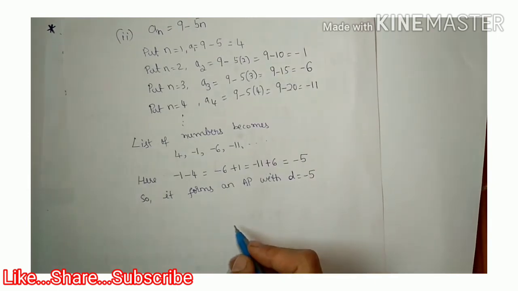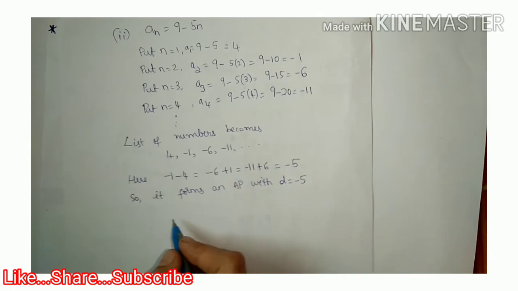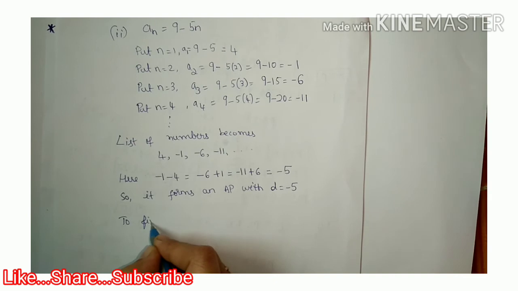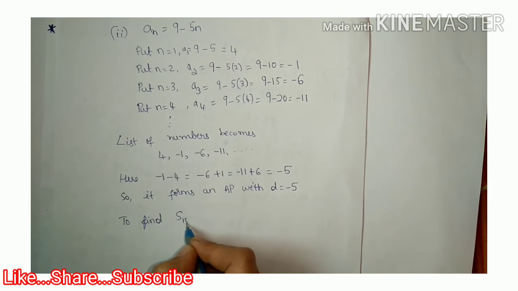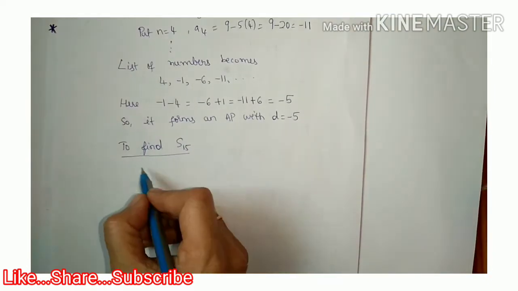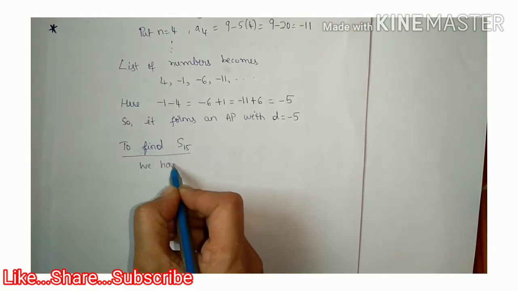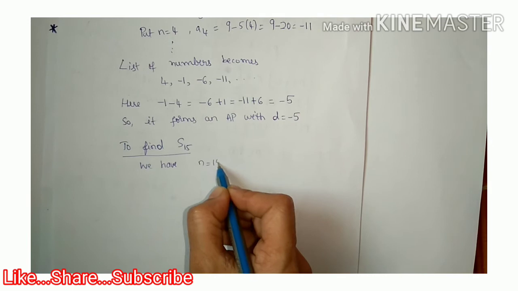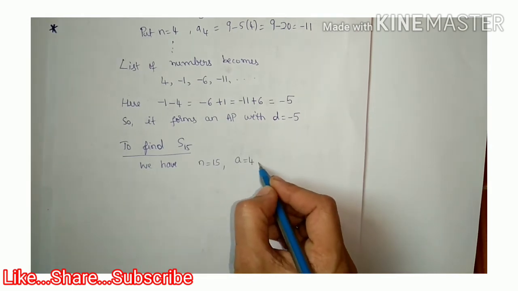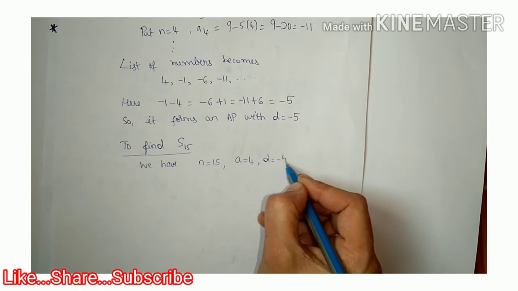Let us find the sum of the first 15 terms. To find S15, we have n is equal to 15, a is equal to 4, d is equal to minus 5.